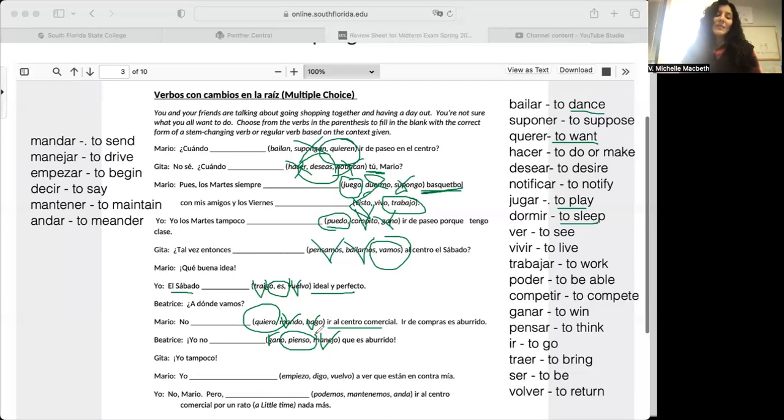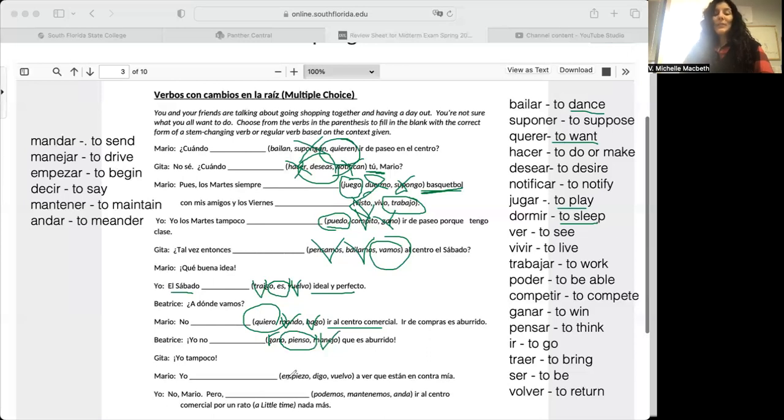Then Mario says, yo, and then we have three options. We have empiezo, digo, vuelvo a ver que estás en contra mía, ¿no? So he's saying, I can see you're against me. Empezar is to begin, right?